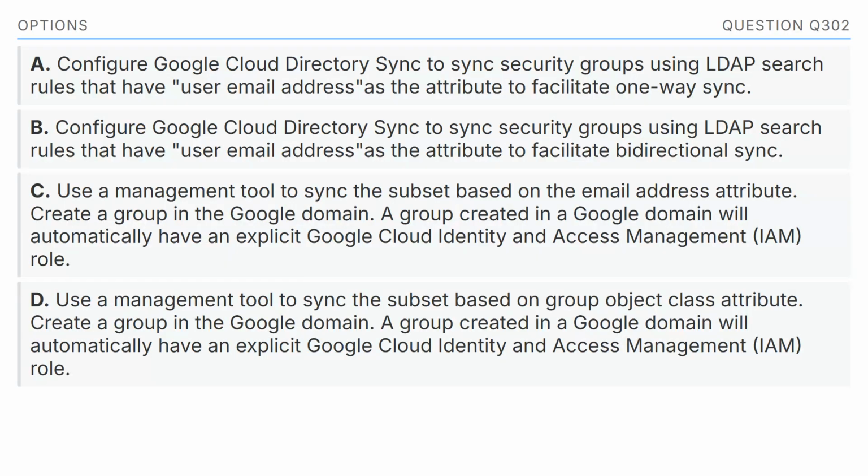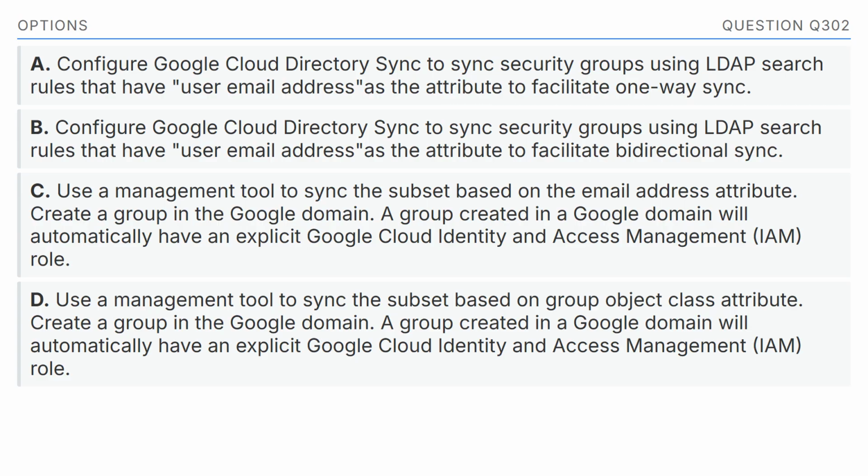The options are: Option A. Configure Google Cloud Directory Sync to sync security groups using LDAP search rules that have user email address as the attribute to facilitate one-way sync. Option B. Configure Google Cloud Directory Sync to sync security groups using LDAP search rules that have user email address as the attribute to facilitate bidirectional sync. Option C. Use a management tool to sync the subset based on the email address attribute.